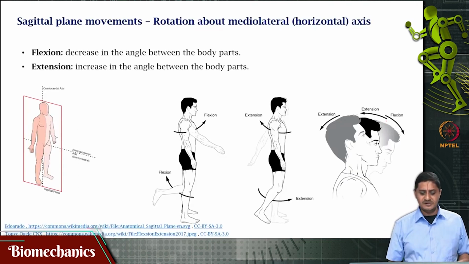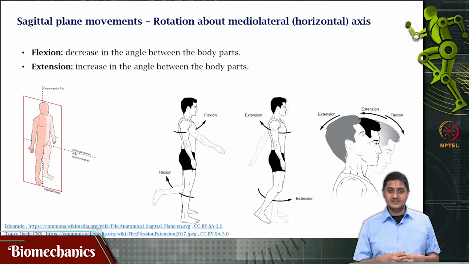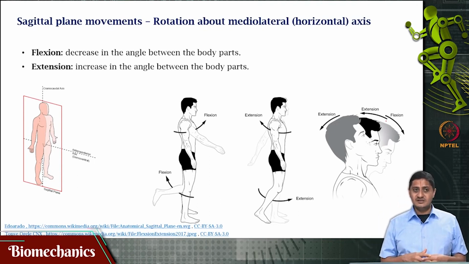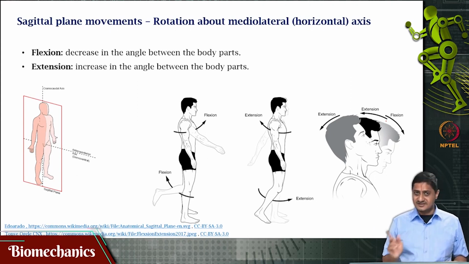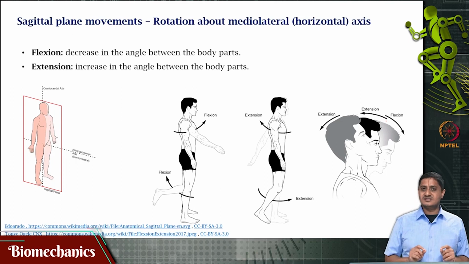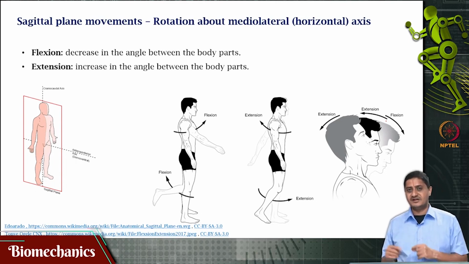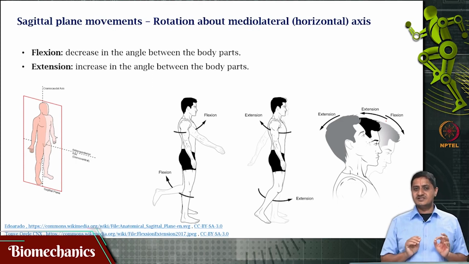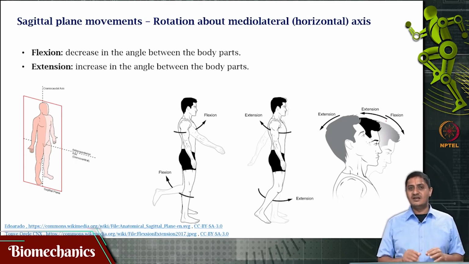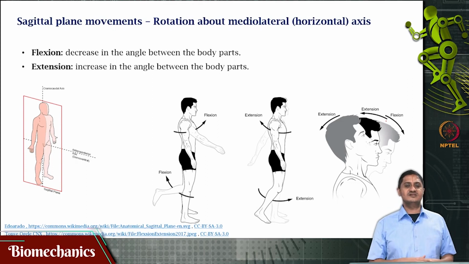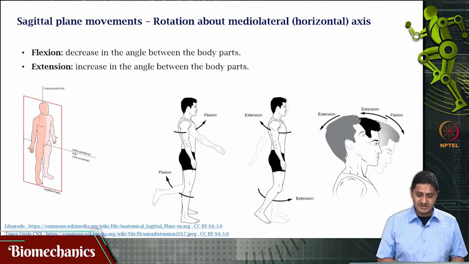What is the sagittal plane? We saw what this is. The sagittal plane is the one that divides the body into a left side and the right side. Remember, not necessarily a left half and a right half. That sagittal plane which divides the body into a left half and a right half is called the mid sagittal plane.